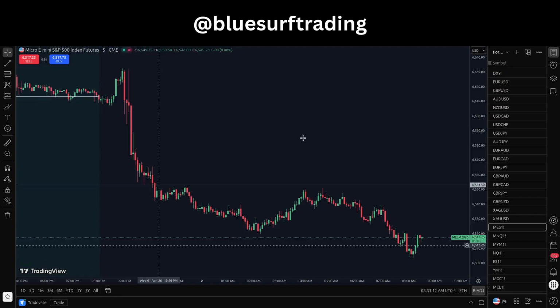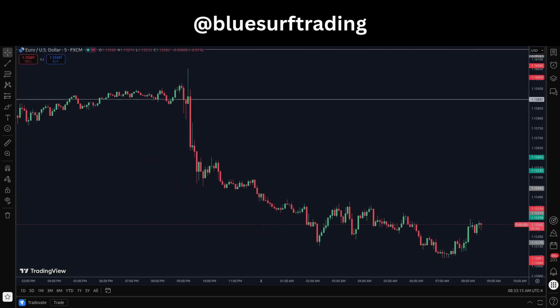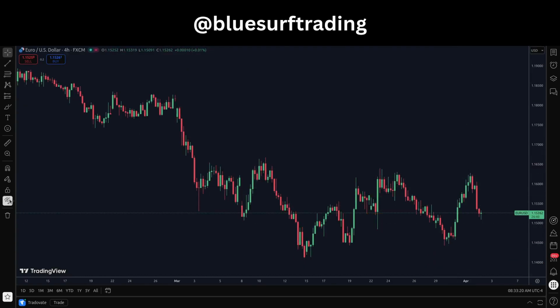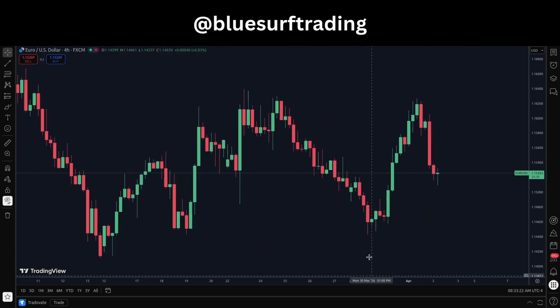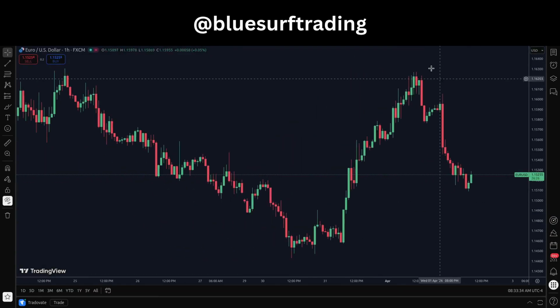Let's look at Euro. On the 4-hour chart, get rid of these drawings. So we've got a big move up, we've got a big correction that breaks these lows, then comes back up, and now it's got an impulse down. Very similar move to the two indices.